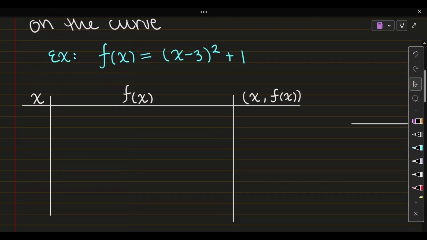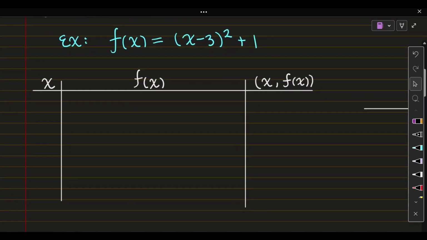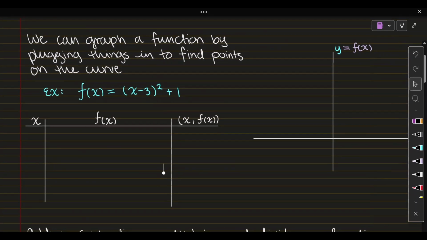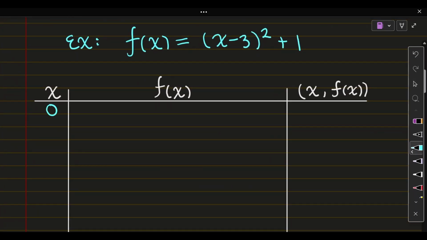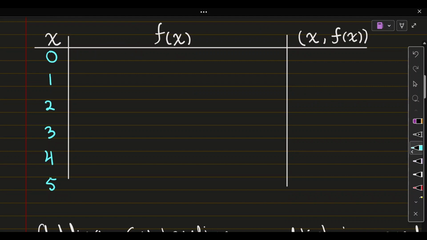So let's look at this first function here. f of x equals (x minus 3) squared plus 1. Okay, how are we going to graph this? Well, let's take some x values and see what happens when we plug them in. So maybe I'll take 0, 1, 2, 3, 4, and maybe we'll do 5 as well.